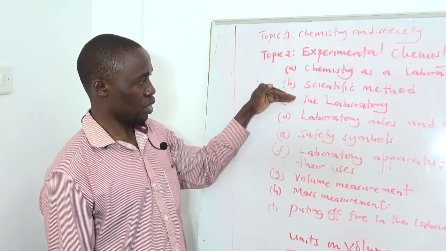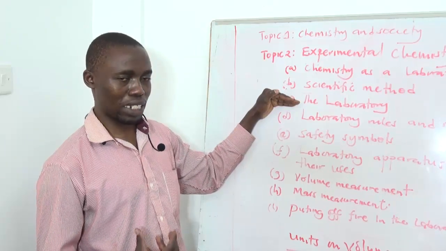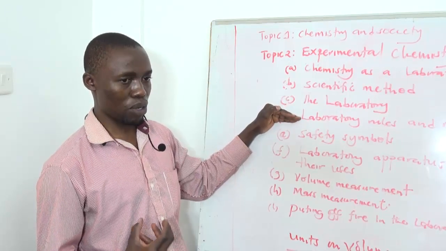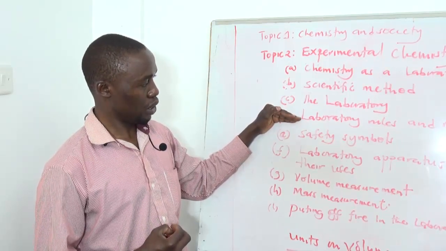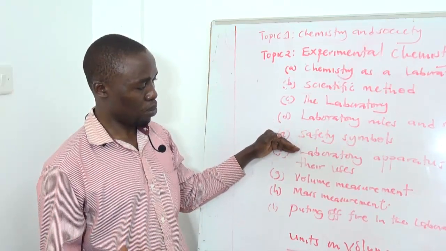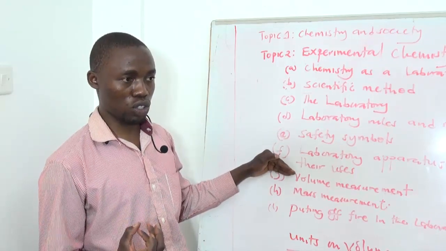Then we saw a laboratory as a special room for conducting practicals. We also discussed laboratory rules and regulations, safety symbols, and laboratory apparatus and their uses. We looked at some specific ones for volume.